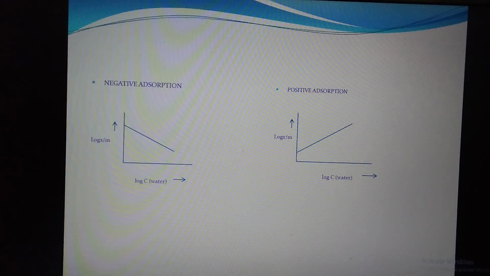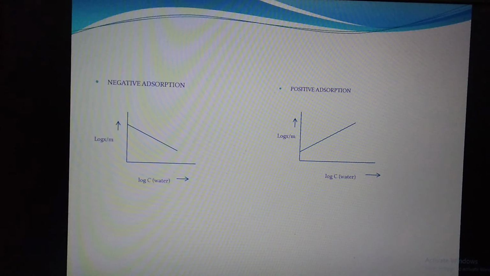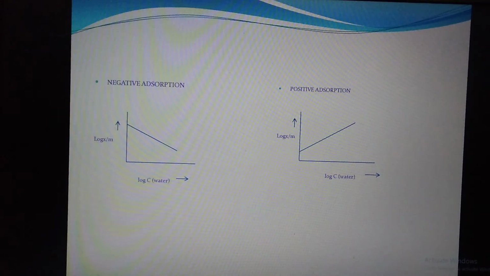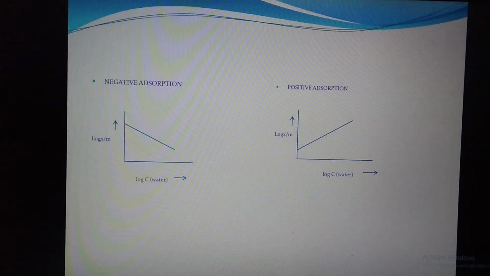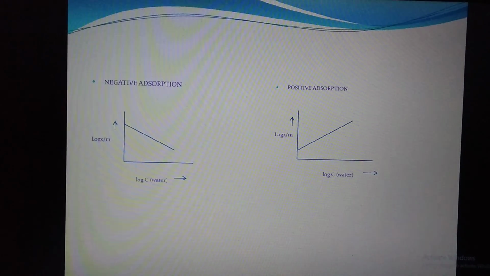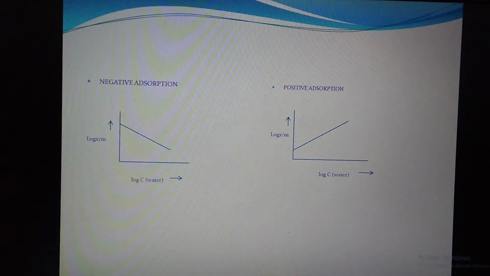In this video we have seen only 5 graphs, and I have explained them to you guys. Next, in my next video, we will see about Freundlich's adsorption isotherm, and also about Langmuir's adsorption isotherms.